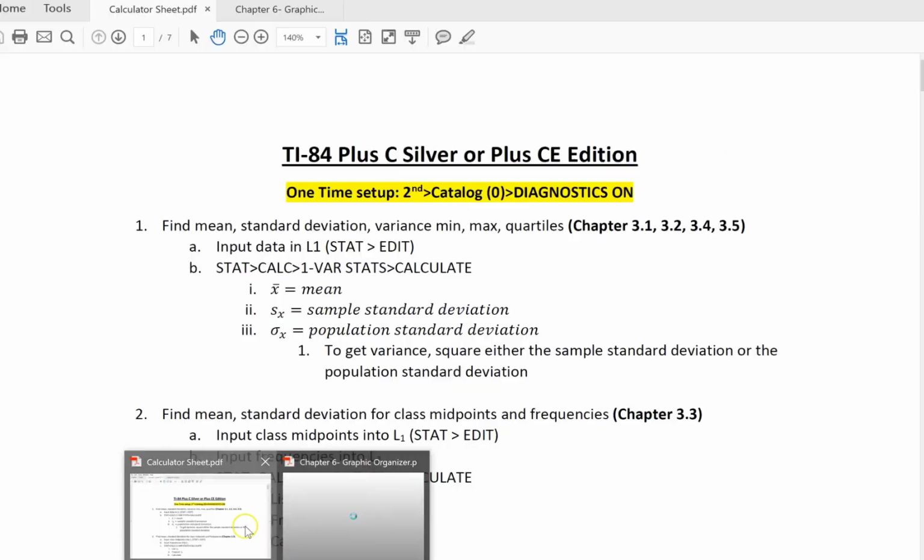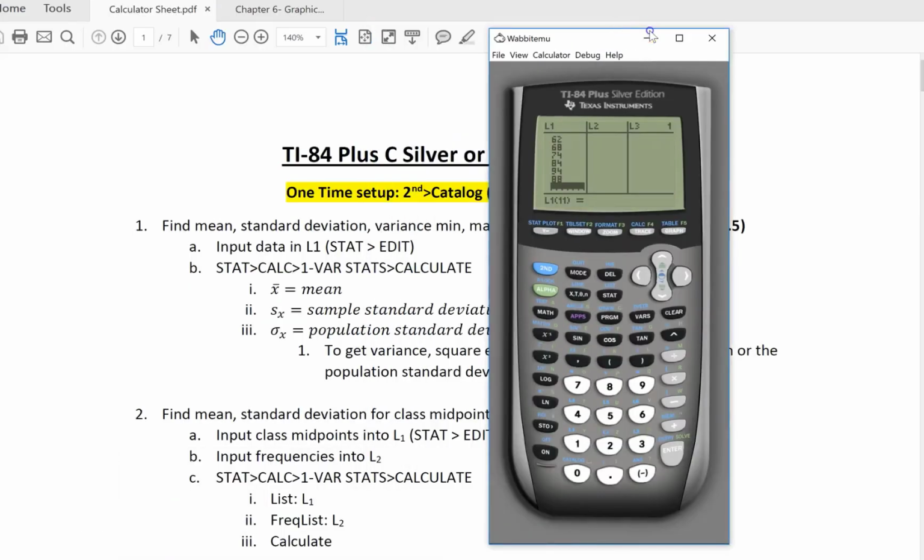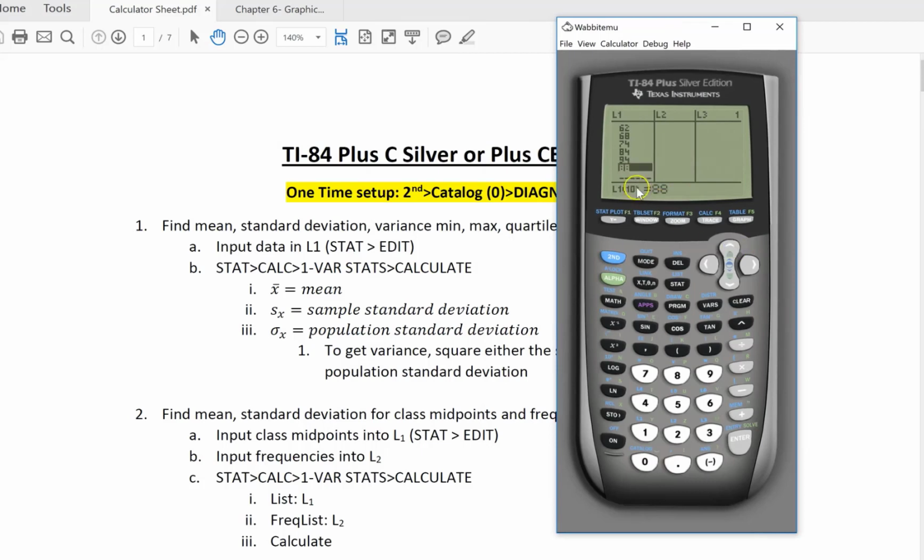If you go up to the last one, that means the last number is the 10th number, and we had 10 in there, so that is correct. Part B, stat, calc, 1-Var Stats, so enter.